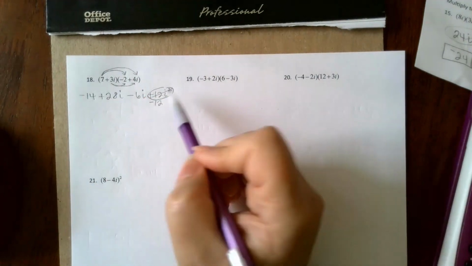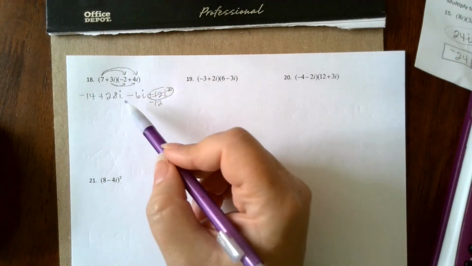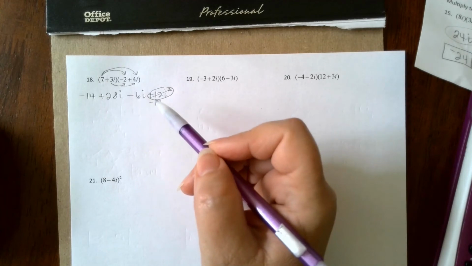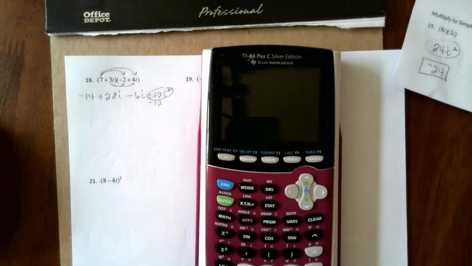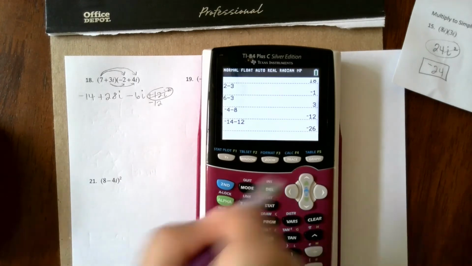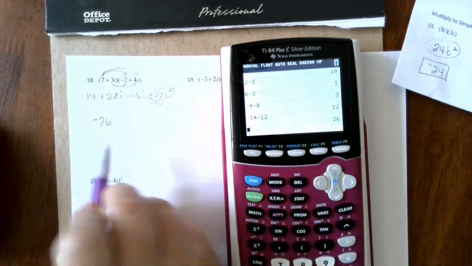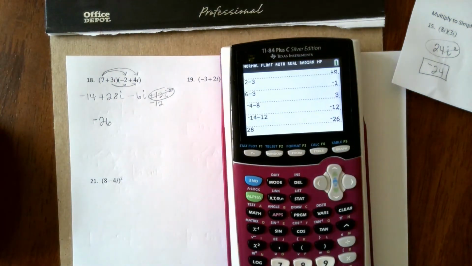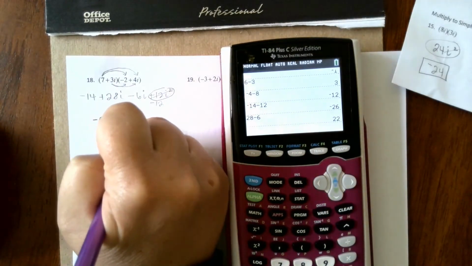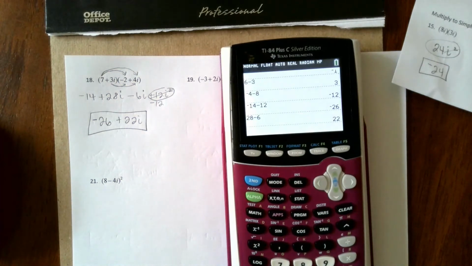Now once you've changed the sign of that i squared, you're going to go back to the very beginning and combine your like terms. So we have negative 14 minus 12, which is going to give us negative 26. We have 28i and then negative 6i, and that's going to give us a positive 22i. So we have negative 26 plus 22i.